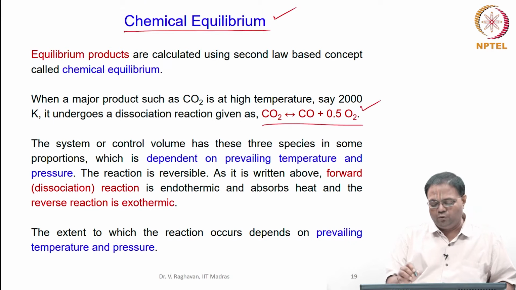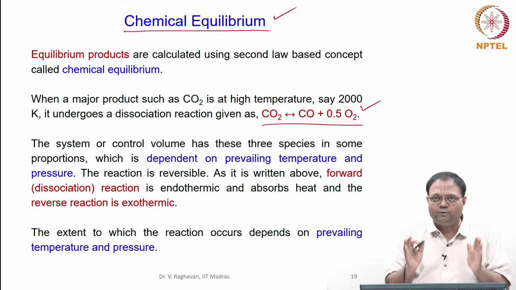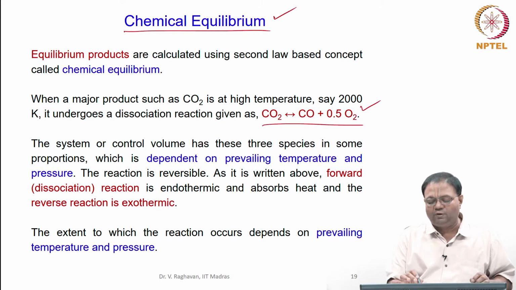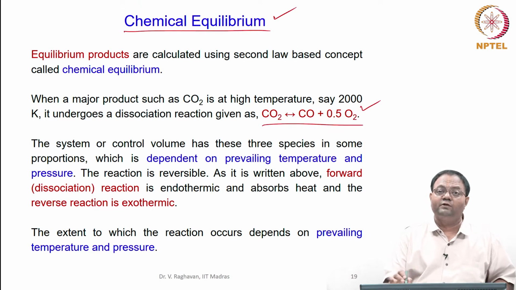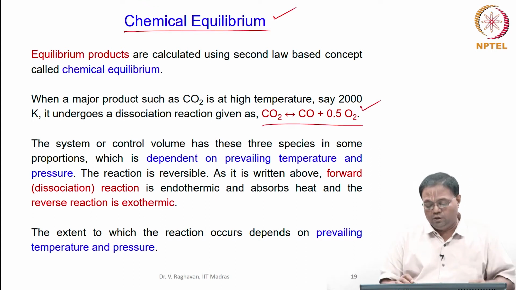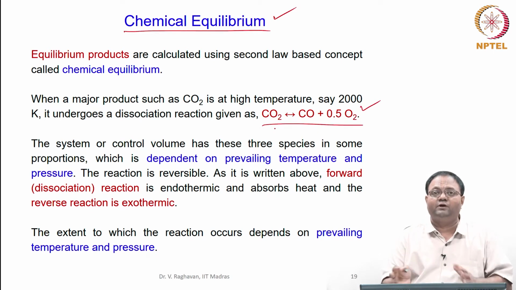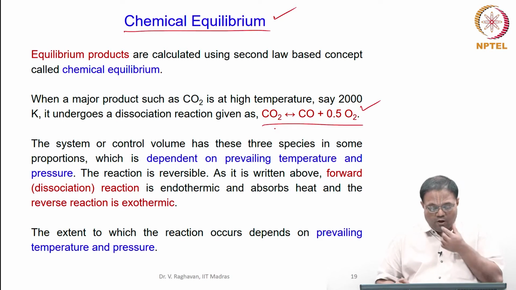Even if you maintain the temperature as constant, to some extent these reactions will occur. The rate at which these reactions occur, the forward and backward, will be the same at a given temperature. So that you have to find. Based upon temperature, the extent will vary.